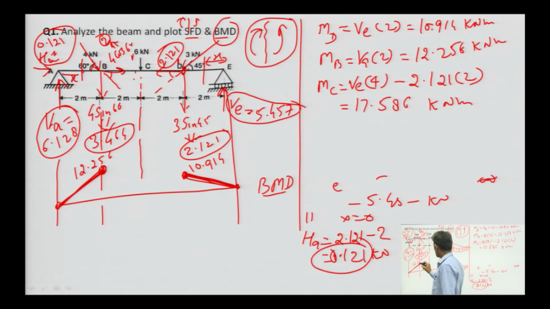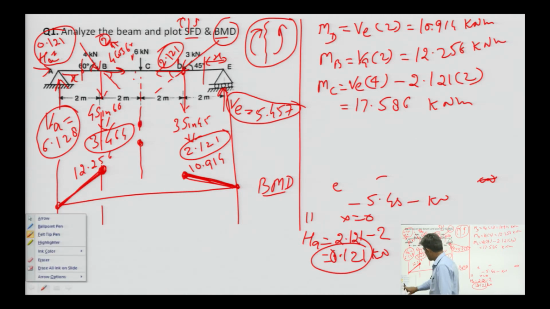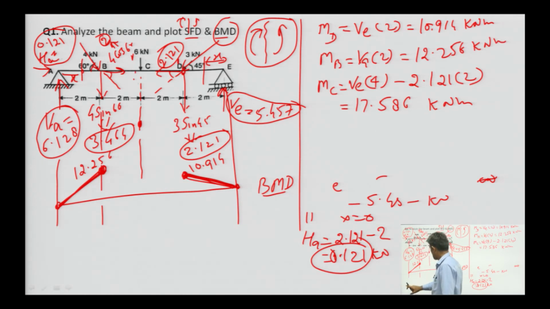So, let us make one more higher side. Okay. So, let me erase this one. So, this is 17.586 if I am not wrong. Okay. So, what will be the shape?